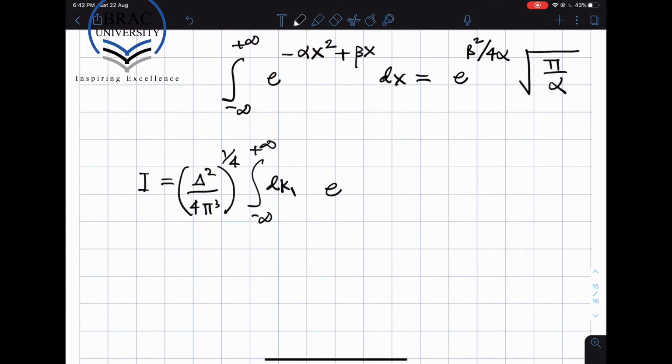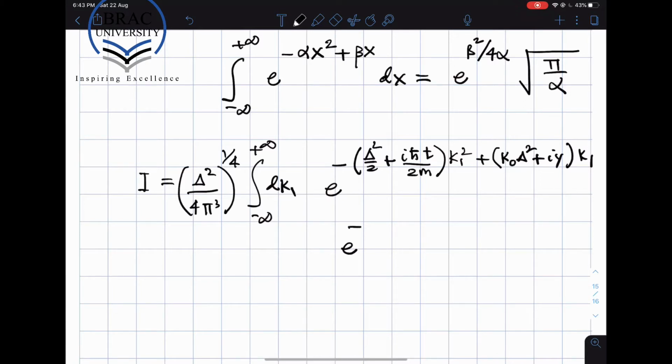We get first the coefficient of k1 squared: del squared by 2 plus i h bar t by 2m, times k1 squared. And then we have the coefficient of k1, which is going to have k0 del squared plus iy, times k1, and then a factor which does not depend on k1. This factor, of course, we can pull out of the integral.